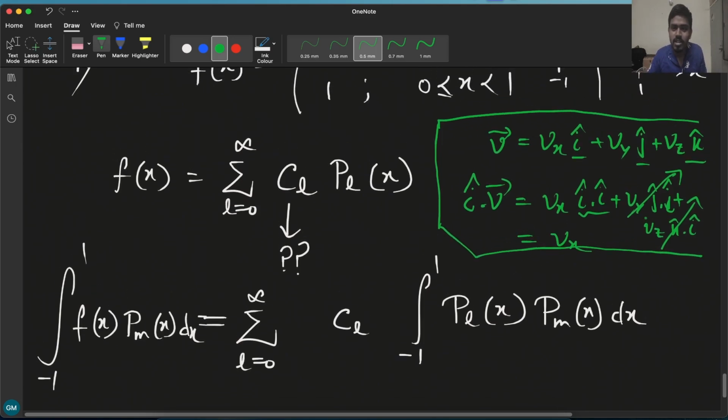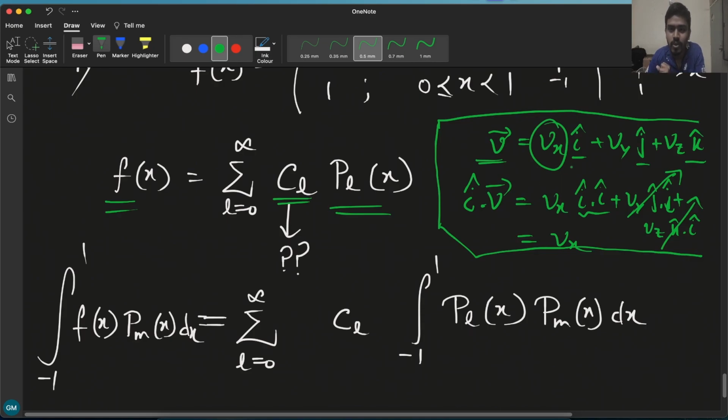Here, instead of i hat, j hat, k hat, what we have is these P_l(x)'s, and l can take any values like 0, 1, 2, 3, 4 up to infinity. And this general vector V is basically this general function. We are asked to find out c_l. c_l means, like Vx, these coefficients are the components along those basis vectors.